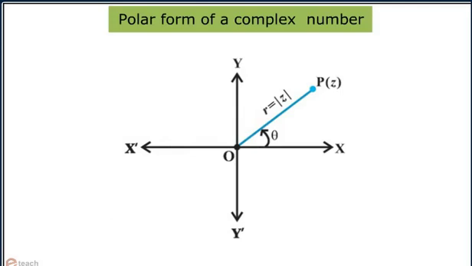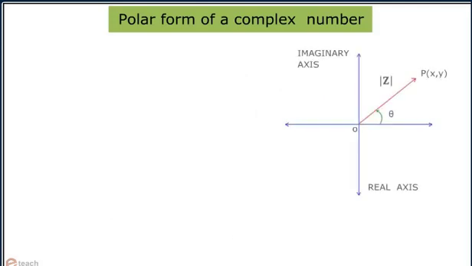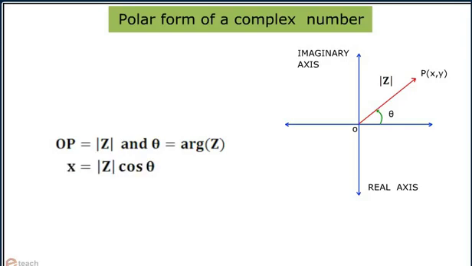Let us study about the polar form of a complex number. Let OP represent the modulus of z and theta represent the argument of z, where z is the complex number shown on the graph. Here x will be equal to mod of z into cos theta and y will be equal to mod of z into sin theta.